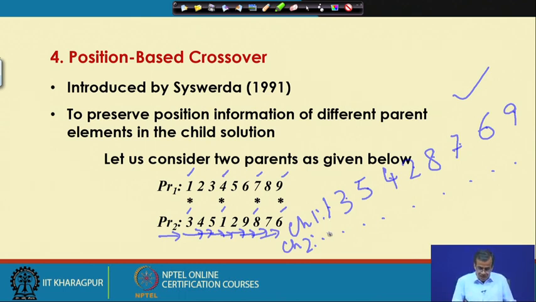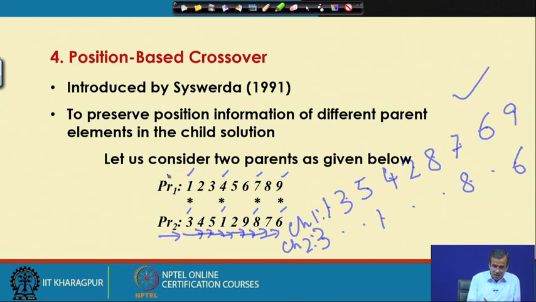At the first position I have got city 3, at the 4th position city 1, at the 7th position 8, and at the 9th position 6. So, 3, 1, 8, 6 are taken from parent 2.